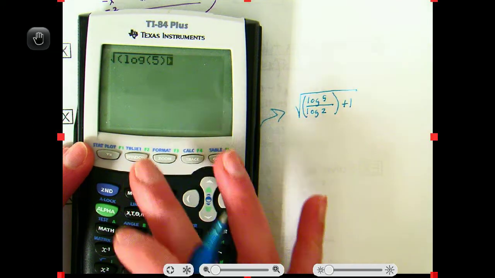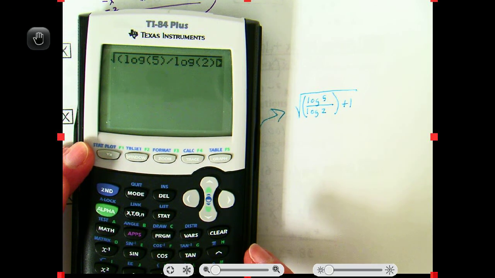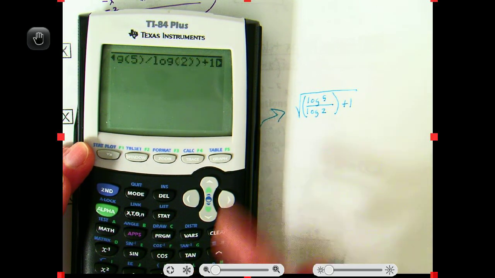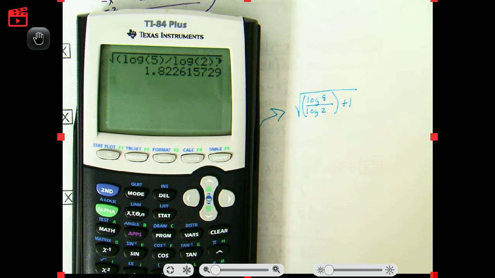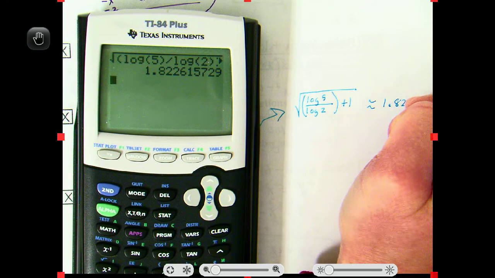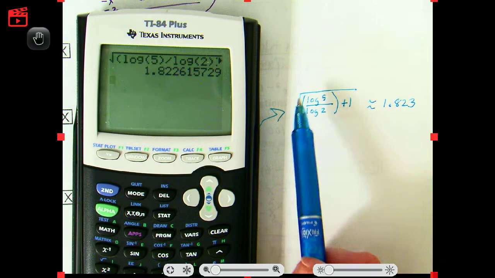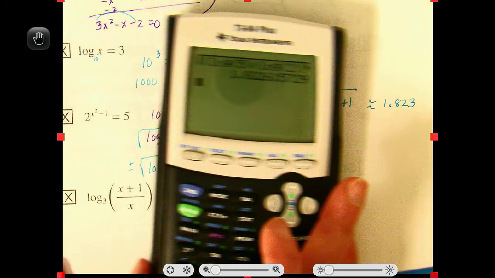So I have to close that around that parentheses, just closing my log 5, divided by log 2. That's just closing the 2. This parenthesis is closing the whole log 5 divided by log 2, and then a plus 1. See how it's all still under the square root though? And I get about 1.823. Now, I want to see if I should also include a negative 1.823.